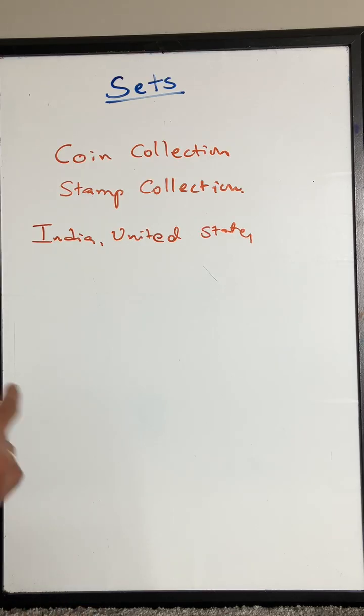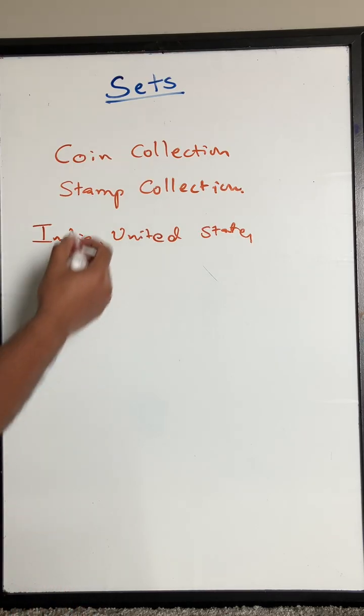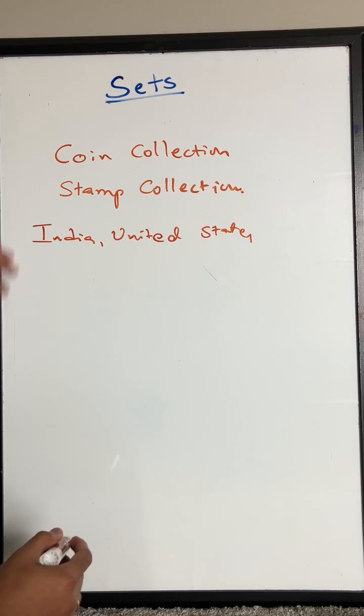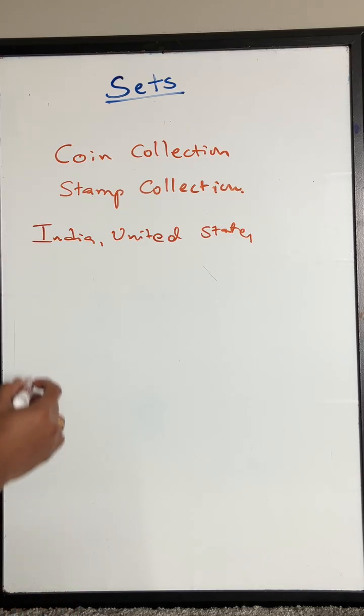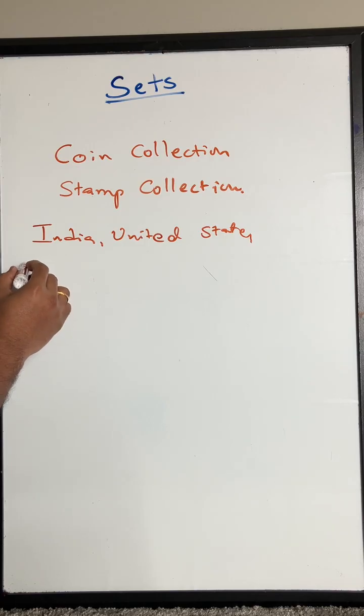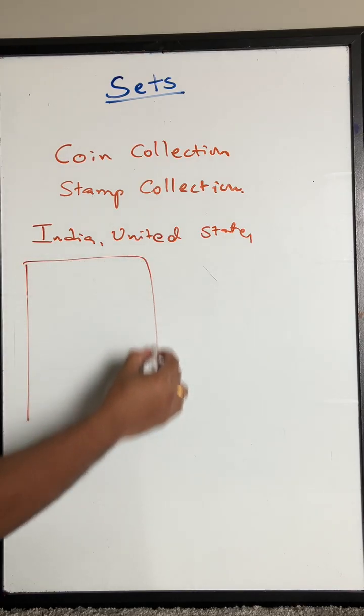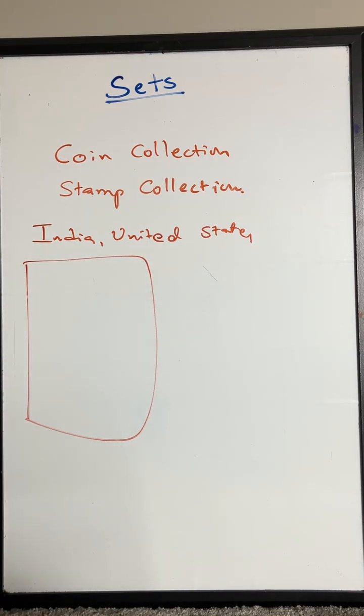So in the collection, what happens? Sometimes, for example, somebody is doing a stamp collection, and they might be collecting Indian stamps. For example, they collected different types of Indian stamps.